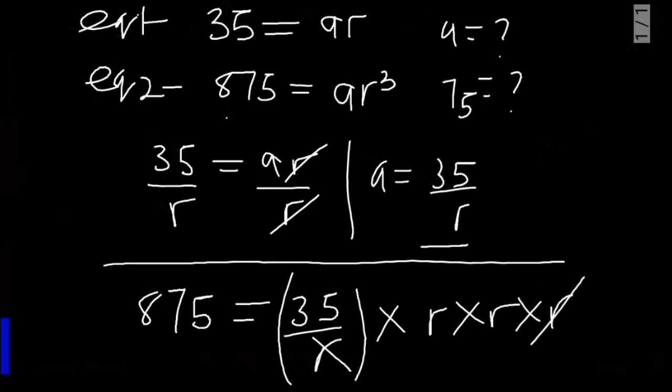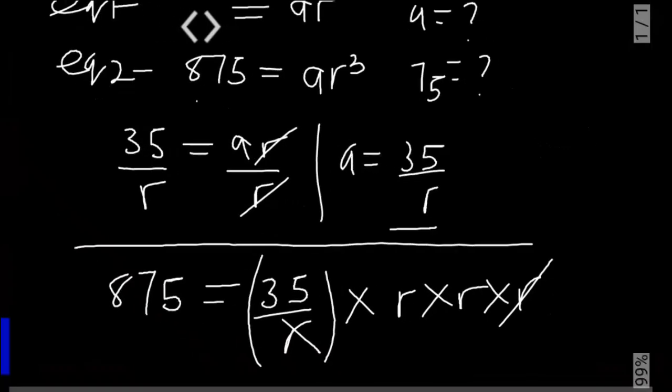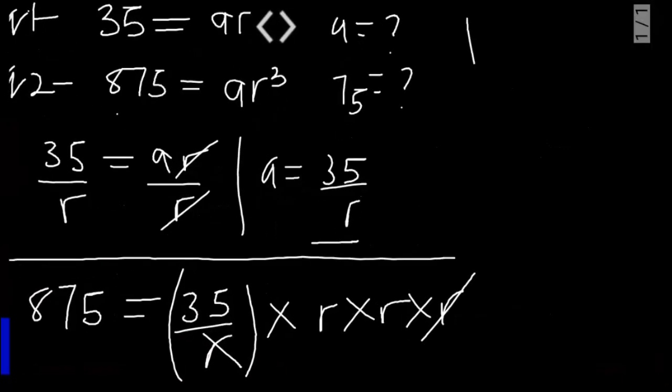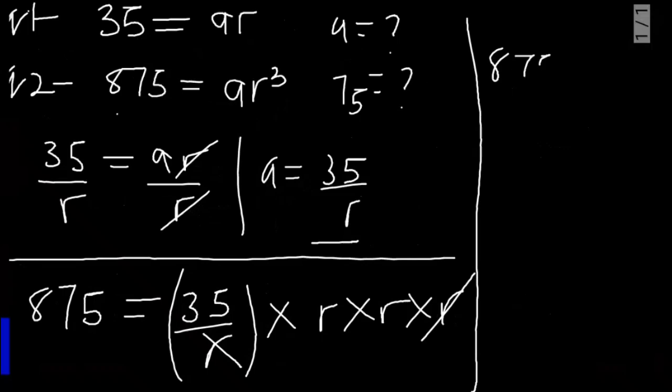So we have r squared. From here, we have 875 is equal to 35 r squared.